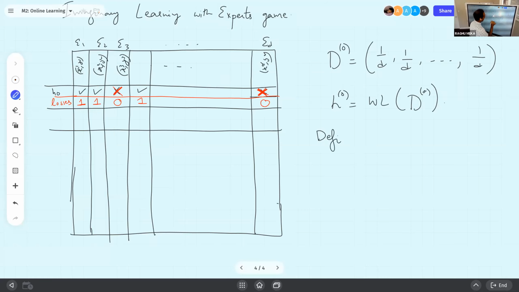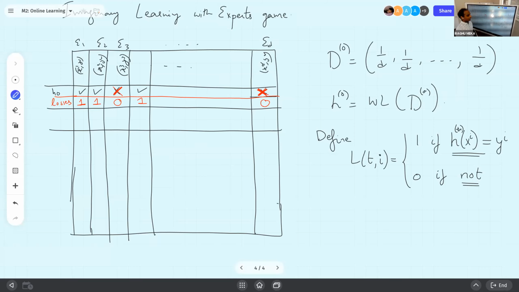So basically, I start with these two things, and for t equals 1 through T, I define the loss this way.